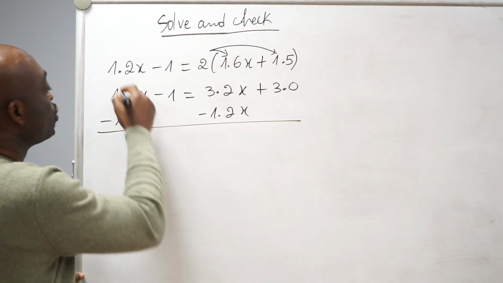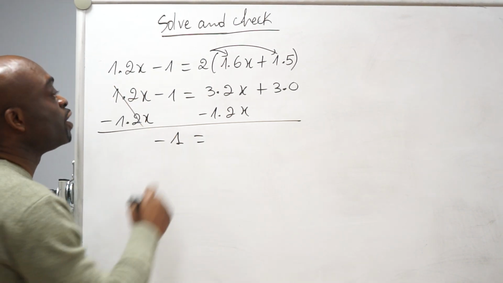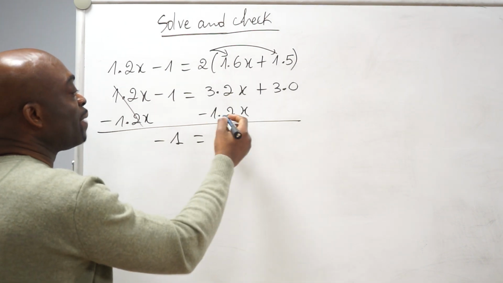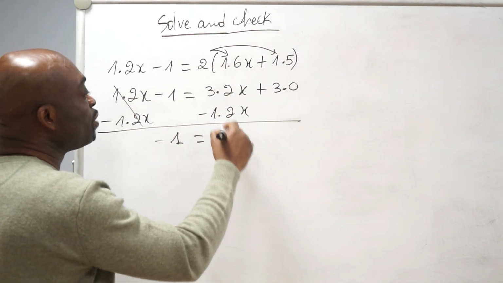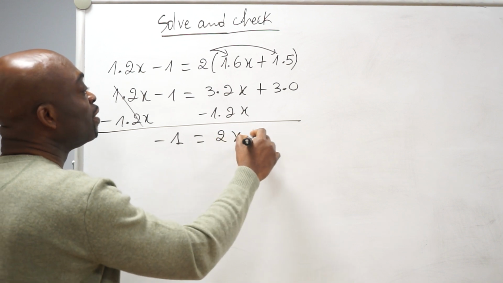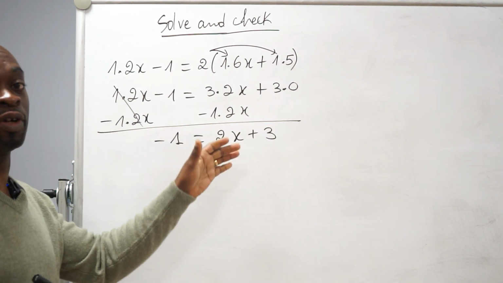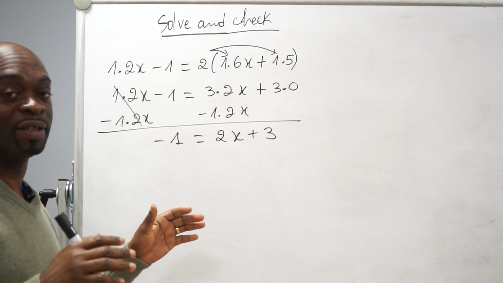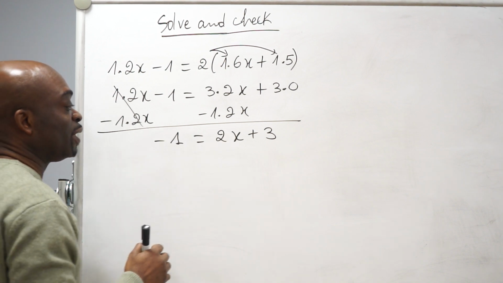So we have -1 equals 3.2x minus 1.2x, which gives us 2.0, or just 2x, plus 3, correct? The decimal numbers are not difficult to deal with, so we don't need to make any adjustment to them before we get going.